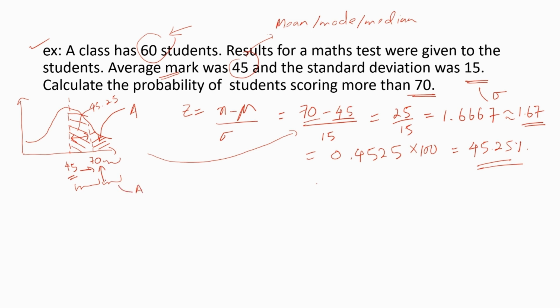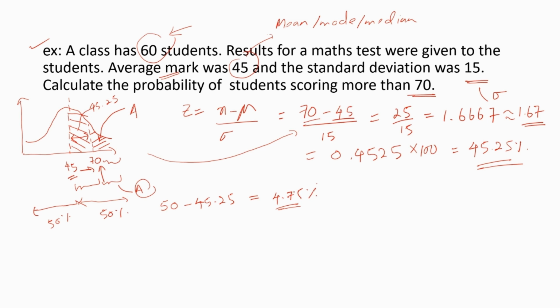Area A. We know that the bell curve is symmetric around the mean. So this whole area equals 50%, and this half equals 50%. Now we can find the area of A. 50 minus 45.25, which equals 4.75 percent.